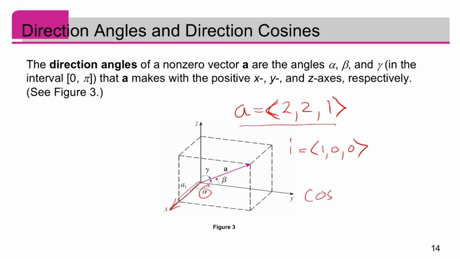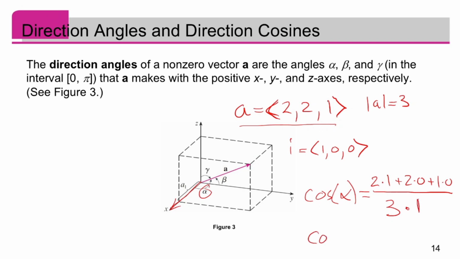The cosine of that angle, we know this is alpha now, is going to be the dot product of a and i. So it's 2 times 1 plus 2 times 0 plus 1 times 0, that's the dot product, over the magnitude of a. And I was clever about how I chose a. The magnitude of a happens to be 3, times the magnitude of i, which happens to be 1.